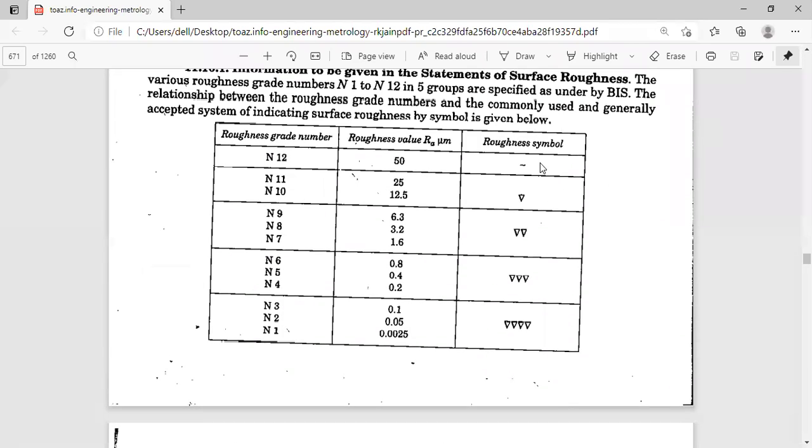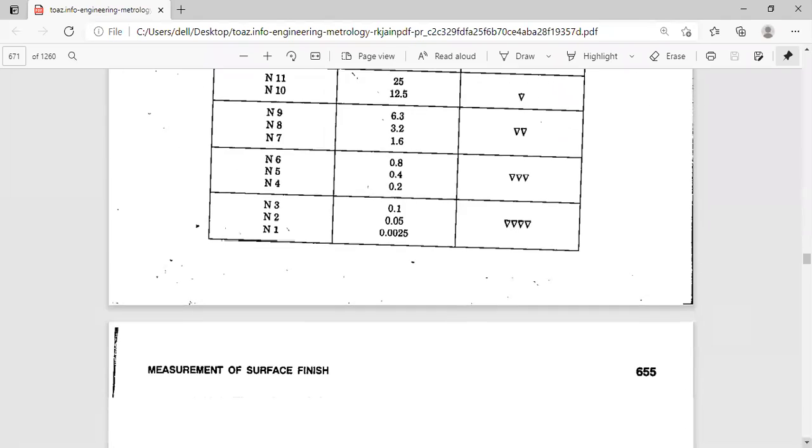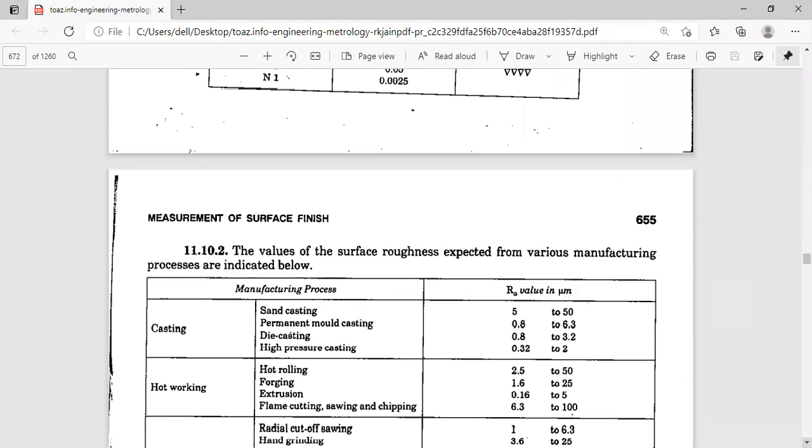It is waviness. Suppose it is 25, it is a single inverted triangle. Like that, you can see the range. So 5 to 50 for sand casting, and permanent mold casting similarly. You can give a column there and give the roughness symbol for that also. For die casting it is 0.8 to 3.2.